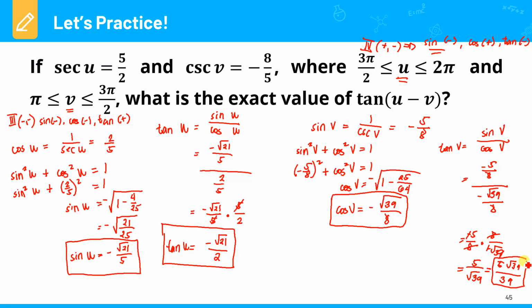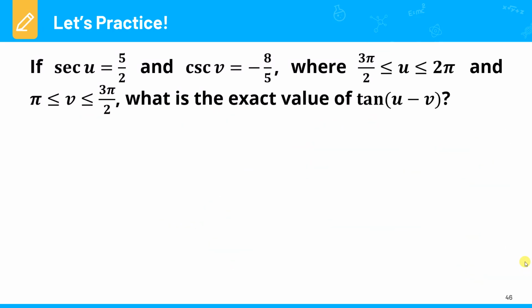Okay. Now take note, let's try to get into it. Tangent of u minus v is equal to tangent u minus tangent v, all over 1 plus tangent u tangent v.